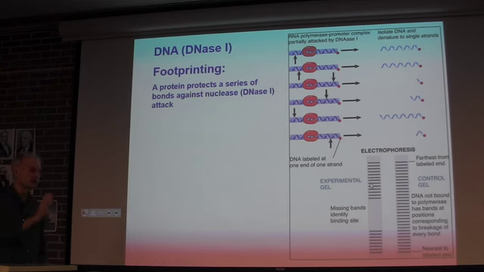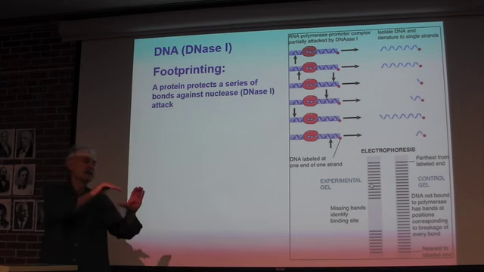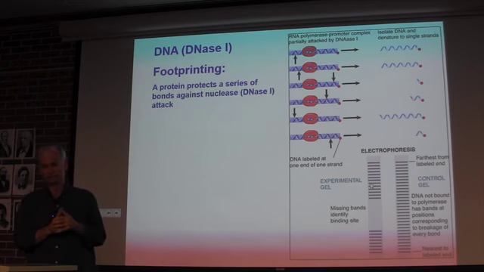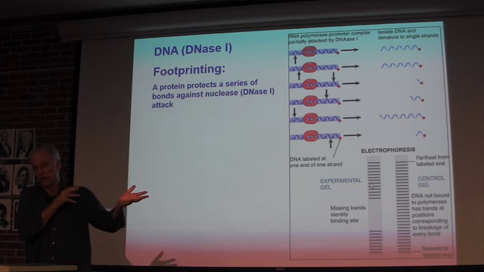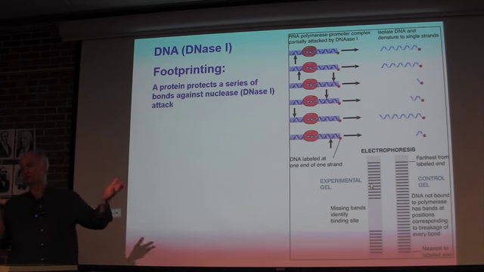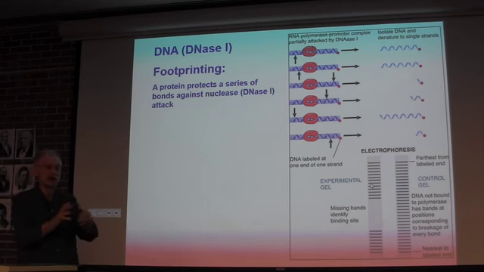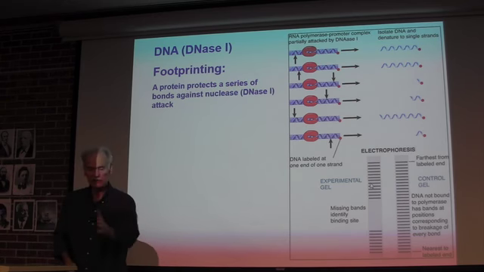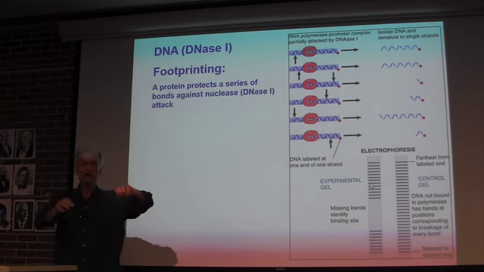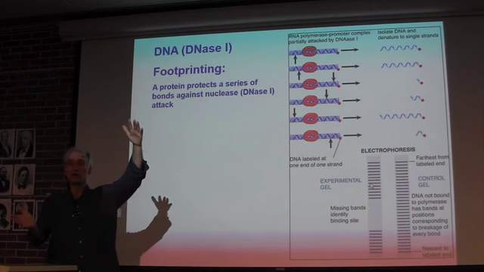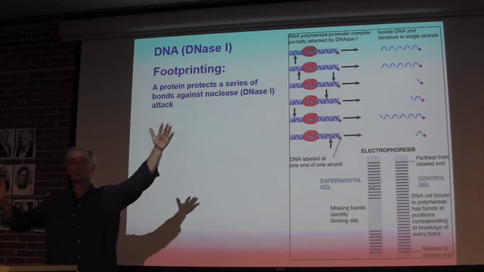You just have it so dilute that it nicks each strand on average once. It's all a probability game. So if you get it dilute so it's not just chewing away, but on average hits randomly your strand, you'll end up with a collection of strands that are different lengths.